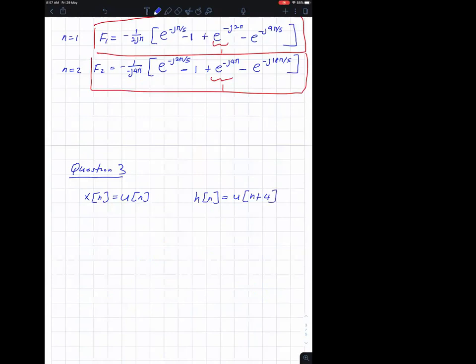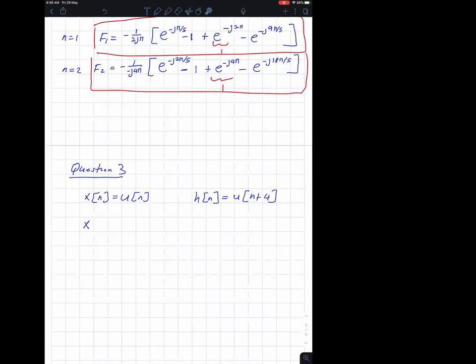So before you do the convolution, you change variable first. You let n equals to k. In this, one of them, you let n equals to k. It can be any one of them. You can either choose n equals to k in x of n, or you can choose n equals to k in h of n.